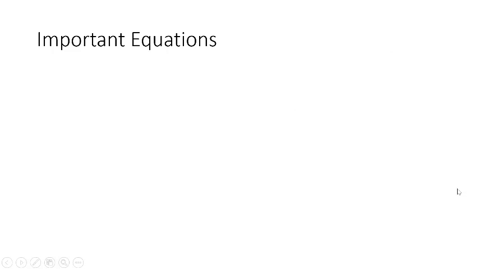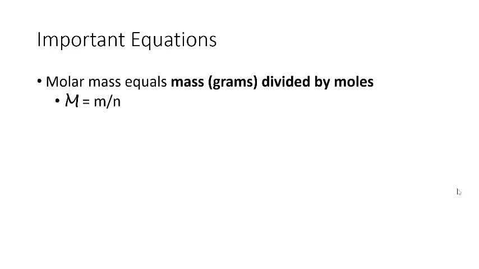So, some important equations. We remember that molar mass is the same thing as mass divided by moles. Now, we use this italic capital M to say molar mass instead of a capital M, which is used for something else in chemistry.